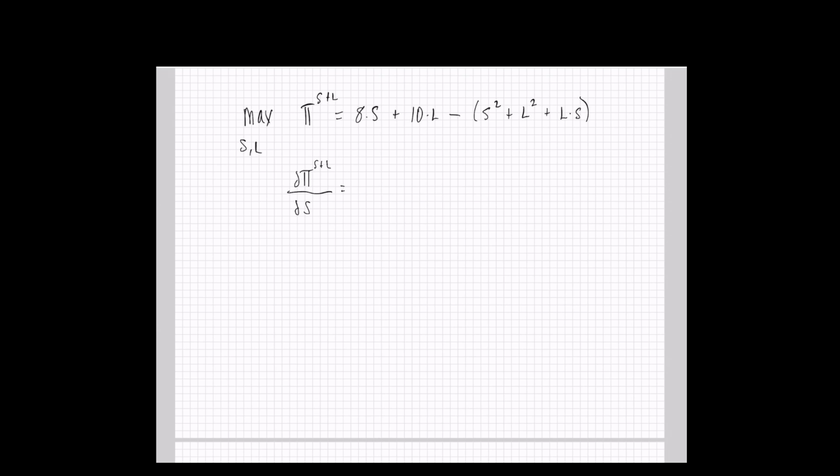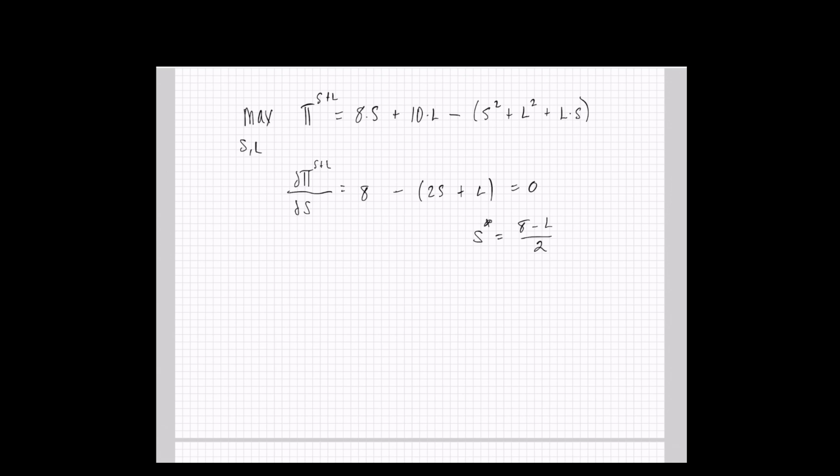I'm using just the, whatever this is, the power rule in calculus, just the first derivative here. 8 minus 2S plus L, and that's equal to 0. All right? And we could organize that and say, okay, well, whatever S star, and star is efficient or optimal, is going to look like this. I'm just reorganizing, right? 8 equals the L minus 2S, and then I can find S star.